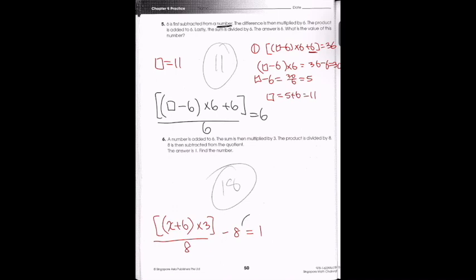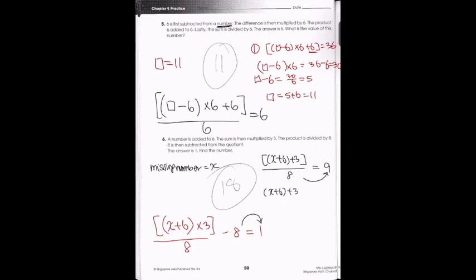So first, we're going to add 8 to the other side. So that is going to be 9. Then we're going to multiply 8. So x, the missing number, I just wrote as x.